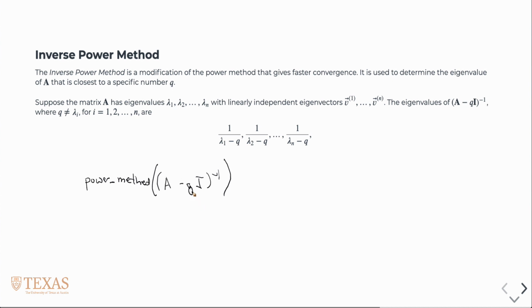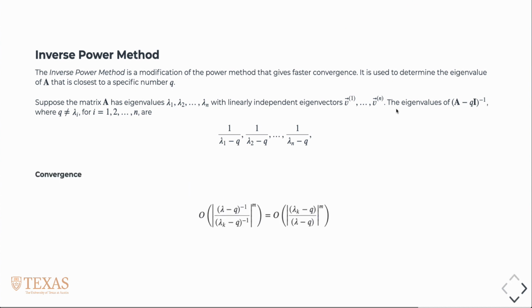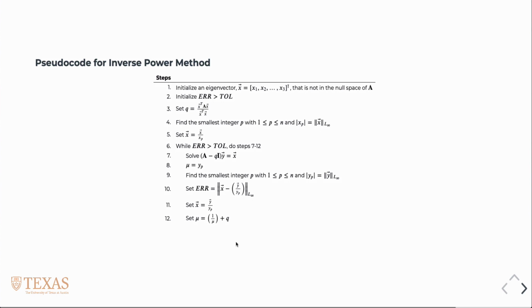I'm going to skip all the details, but with that we can get a convergence rate of this, where again q is some value that's closest to the kth eigenvalue. And so you can improve it: the closer q is to lambda k, the faster this will converge. Here's the pseudocode, and again, it's essentially the same thing.